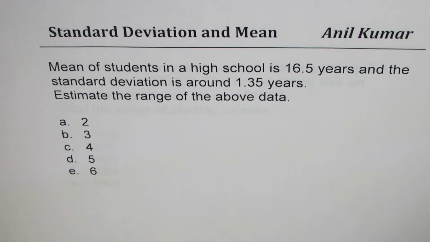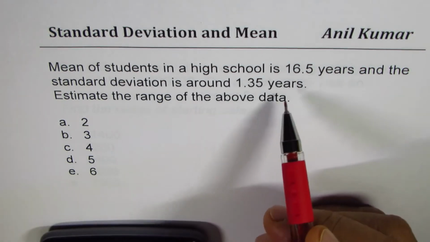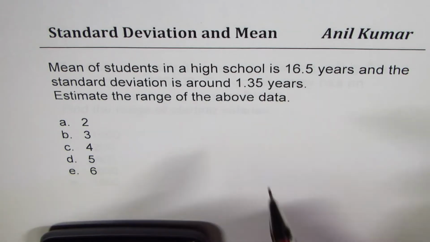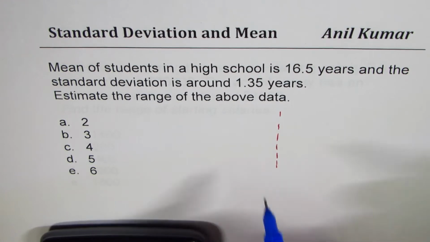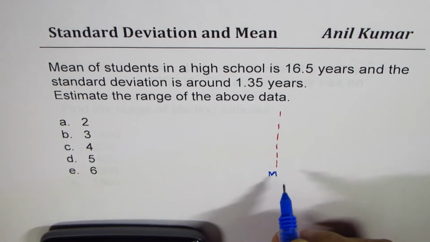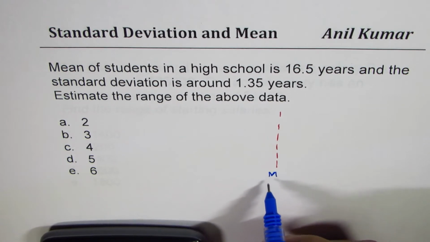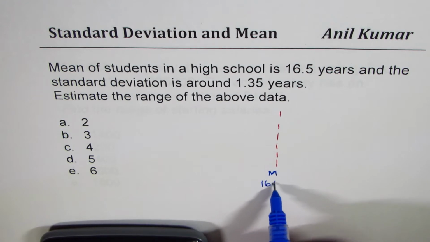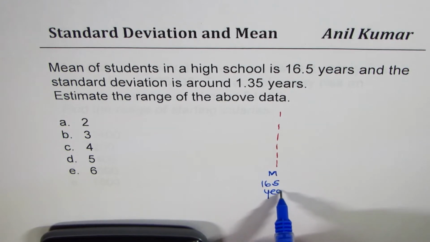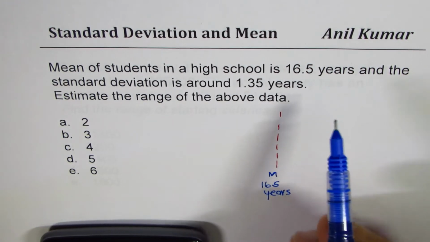So, I hope you got your answer. Let's work on it. So what we are given here is the mean of students, right? So again, we have this mean. Let's say the mean of students is given to us as, I'm writing capital M for mean, 16.5, and the units are years. Important, right?